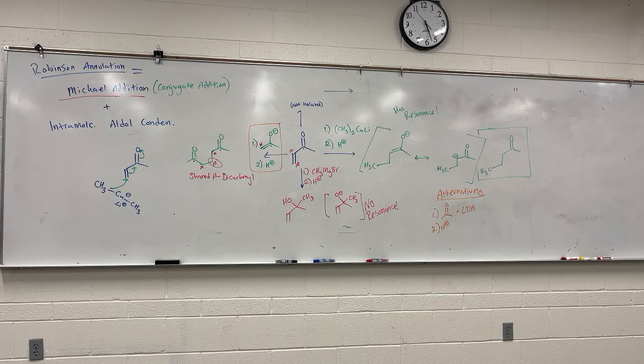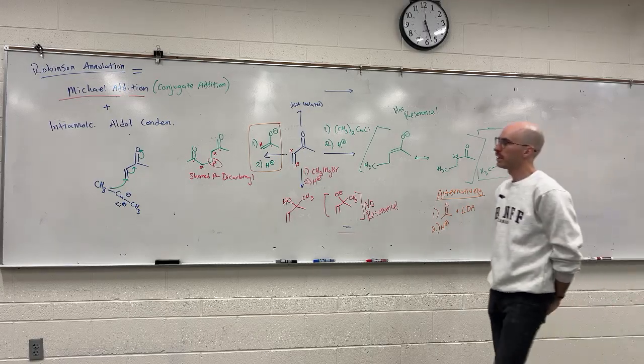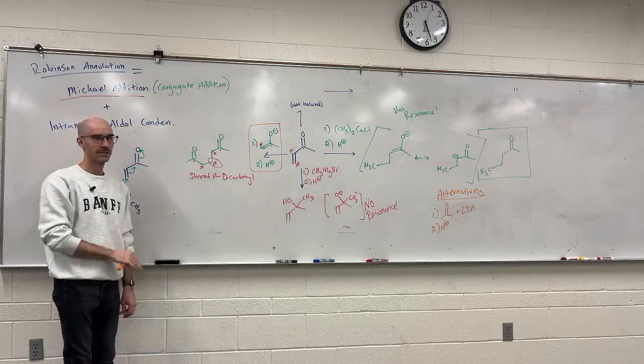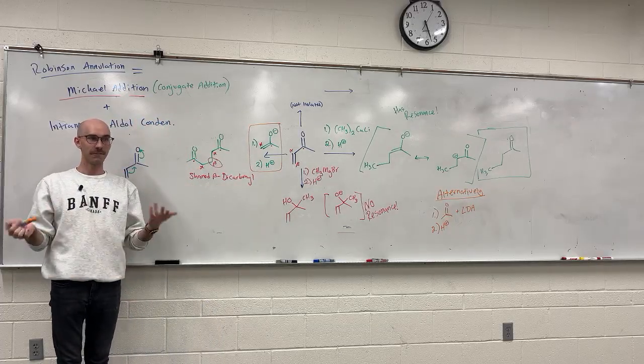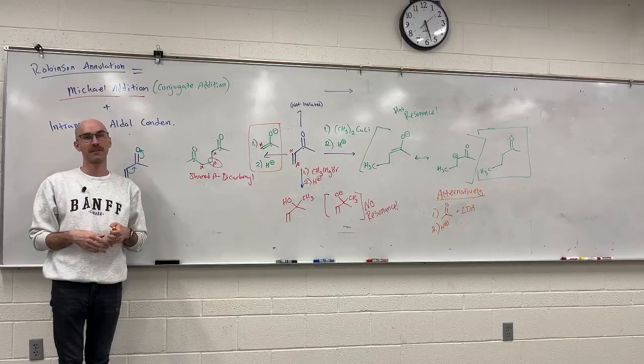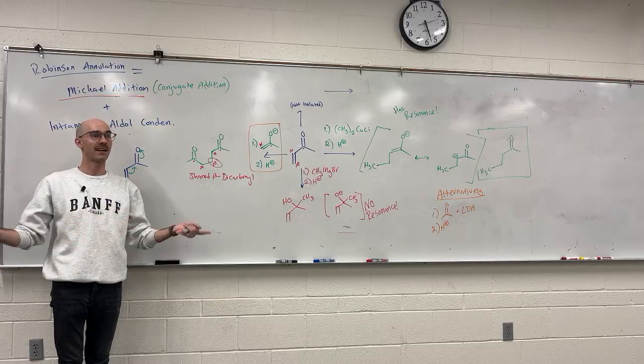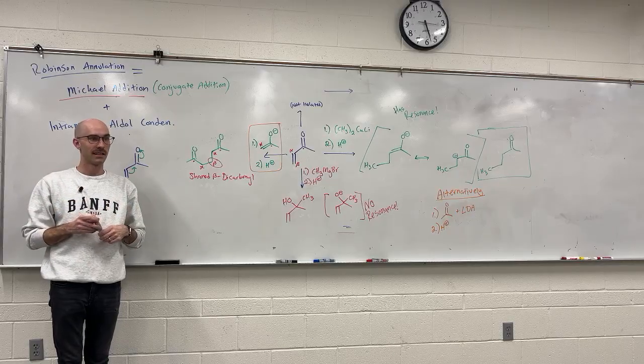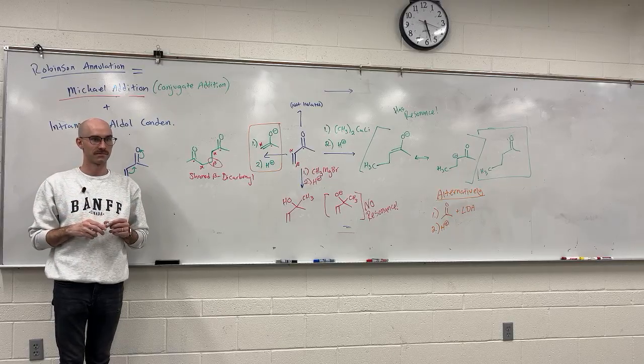This is where I messed up in my worksheet. When you have a shared beta dicarbonyl, if the positions are correct, if the hydrogens are available, these can react with themselves through an intramolecular aldol condensation.